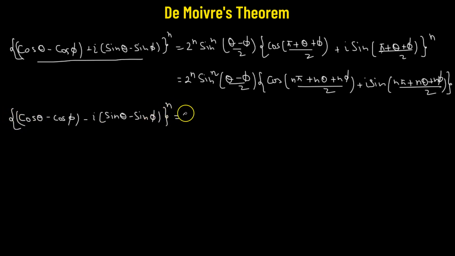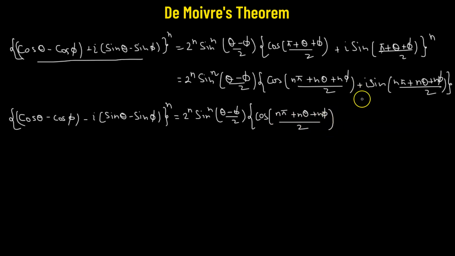So this will be equal to 2 raised to the power of n times sine raised to the power of n of (theta minus phi)/2, multiplied by cosine of (n pi plus n theta plus n phi)/2. The only difference here is that we'll have negative iota times sine of (n pi plus n theta plus n phi)/2.